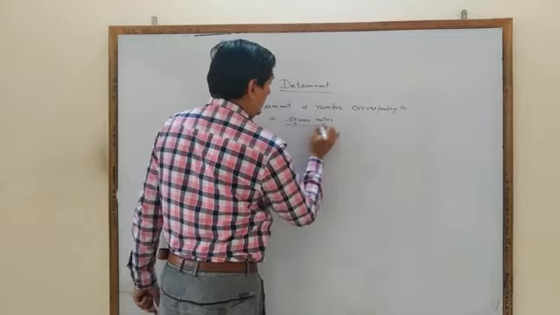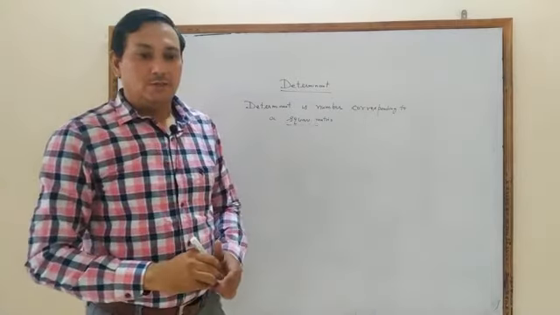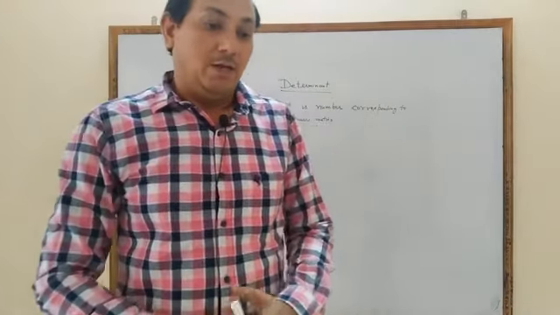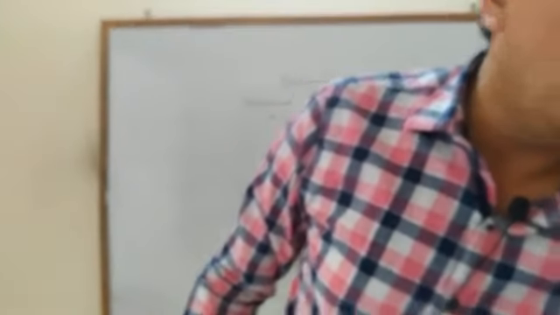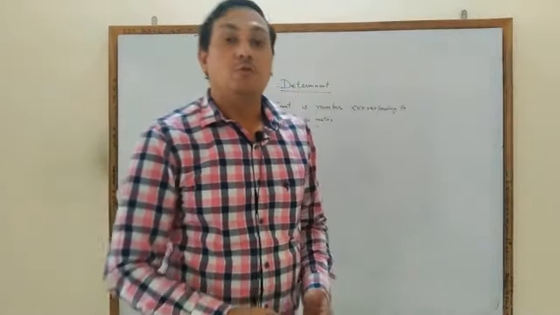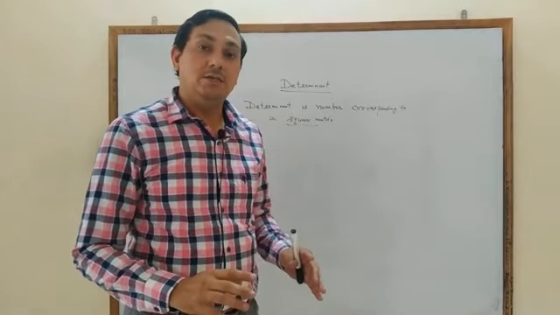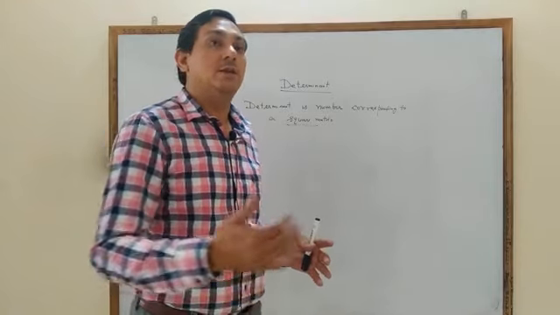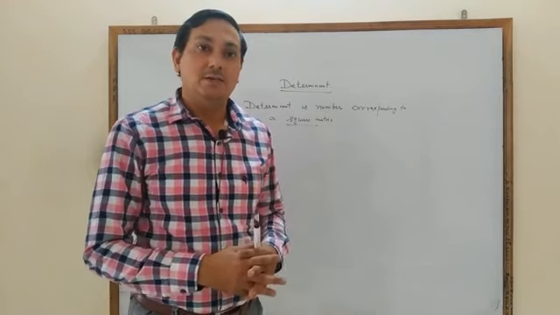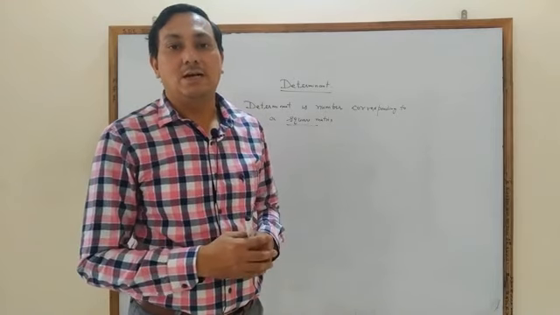A determinant exists only for square matrices. We can associate each square matrix to a certain number or an expression. That expression or number is called the determinant.